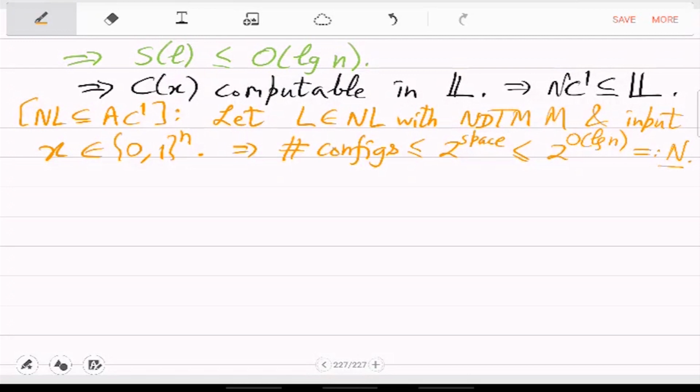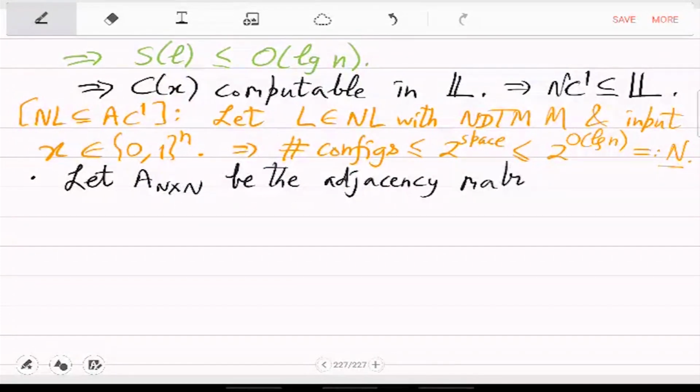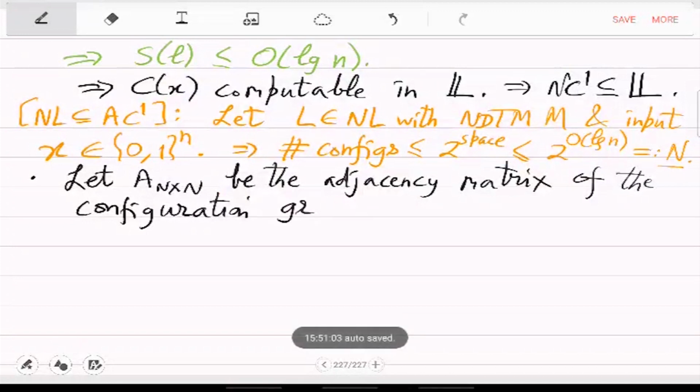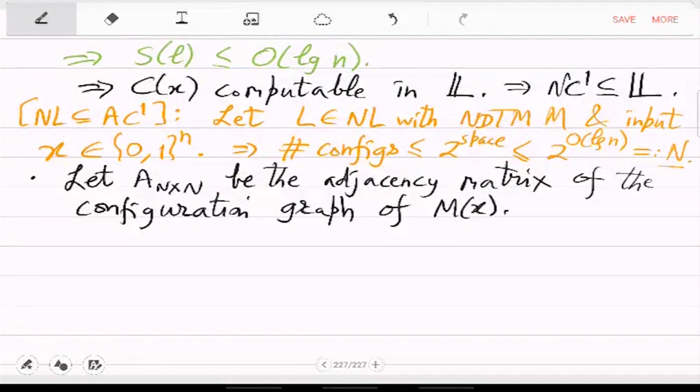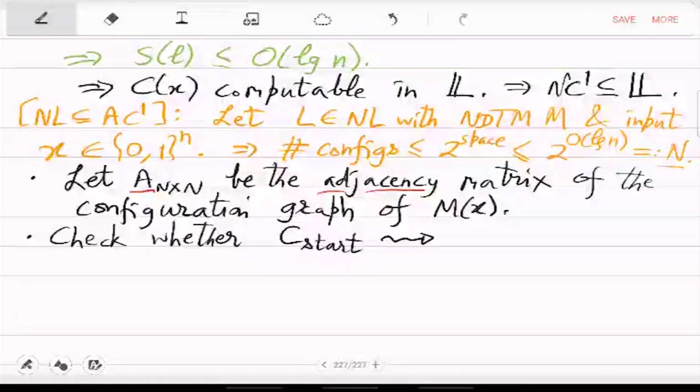Let us call the adjacency matrix A. Let A be the adjacency matrix of the configuration graph of M on input X. Now all you have to do is to check whether the start configuration is connected to the accept configuration.